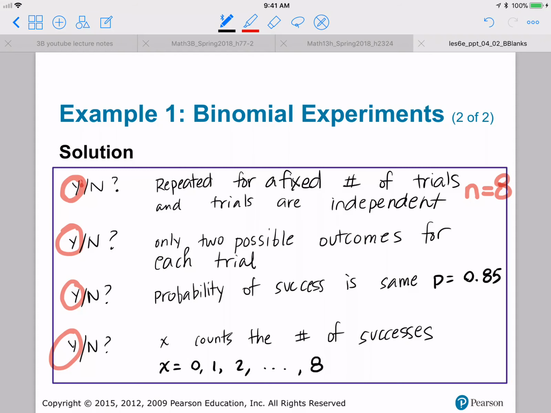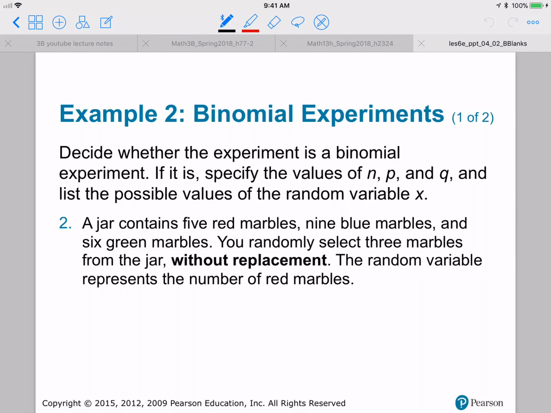Okay, let's look at another example. Take a moment, read this, pause the video. All right, so we've got 5 red marbles, 9 blue marbles, and 6 green marbles. You randomly select 3 marbles from the jar without replacement.